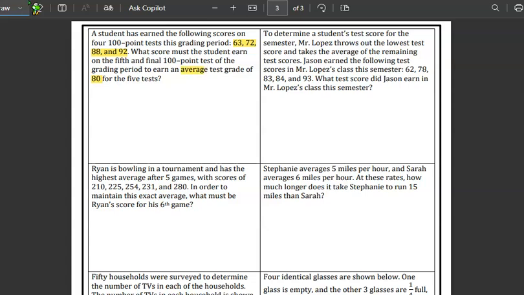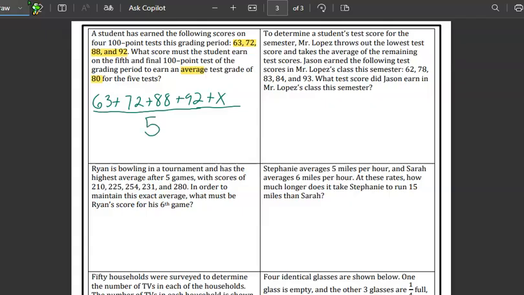So for this one, they give you the average, the mean, and they want you to find one of the missing data points. To set this up, we'll have all the values added together plus some unknown. We could call it x.